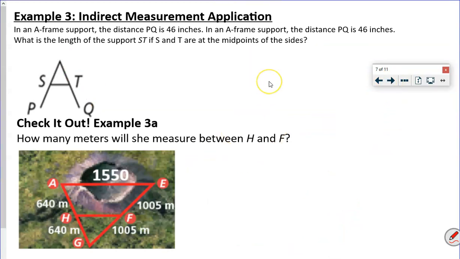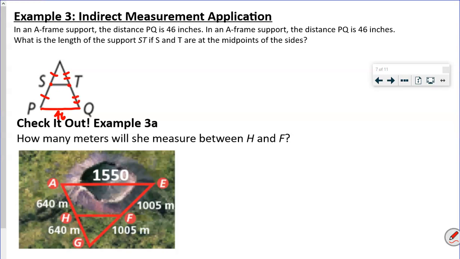All right, so this next one says indirect measurement application. In an A-frame support, the distance PQ, so let's go ahead and draw PQ because it's not on here, is 46 inches. What is the length of the support ST if points S and T are midpoints? That's a midpoint right there, and it's also telling us this is a midpoint over here.